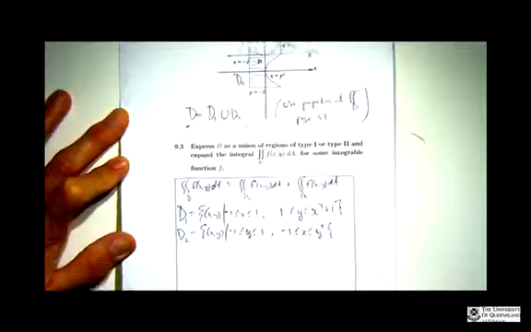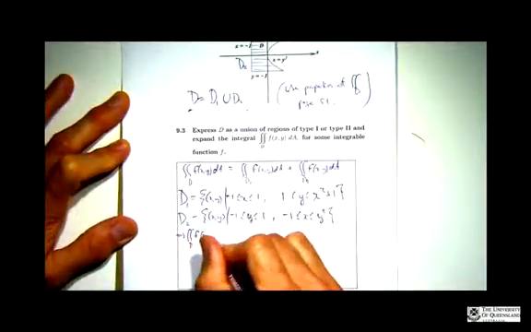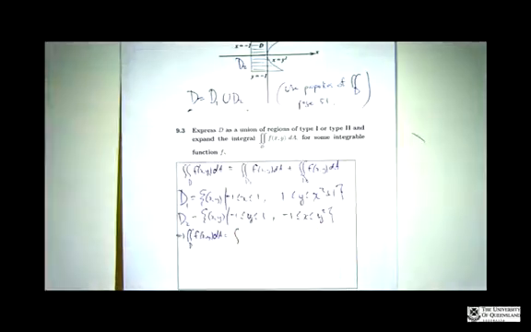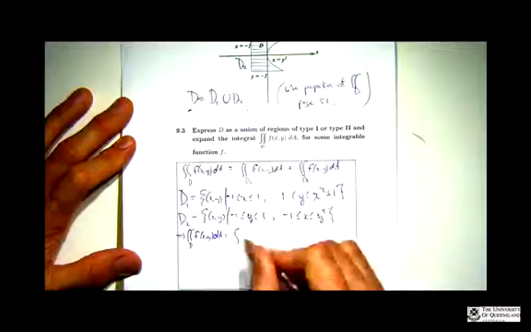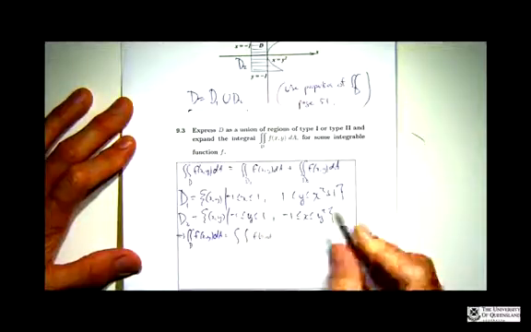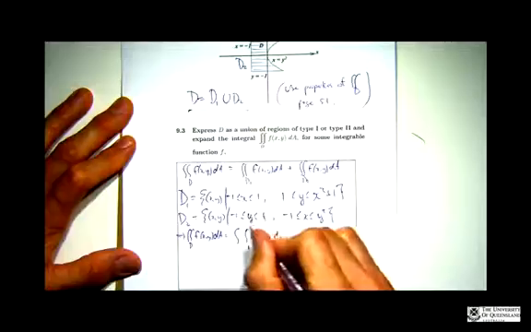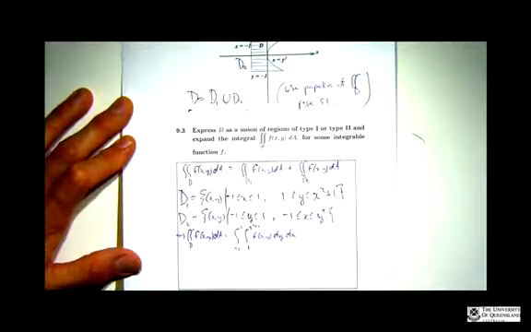All right, so now I can apply Fubini's theorem to both of those integrals and end up with the following expression. So the integral for D1, we first integrate with respect to y from 1 to x squared plus 1, and then with respect to x from -1 to 1.